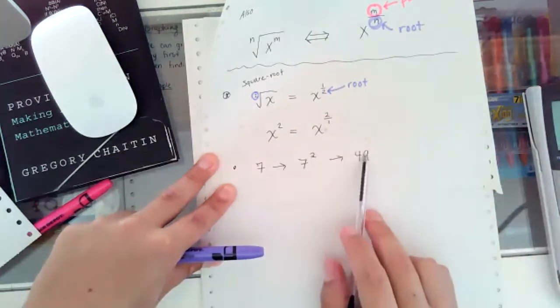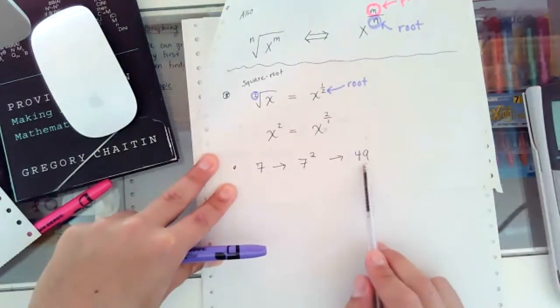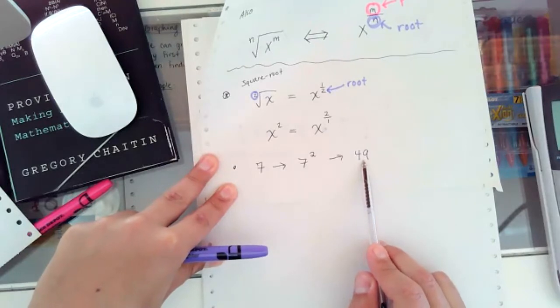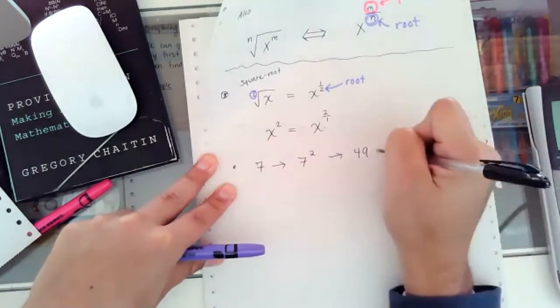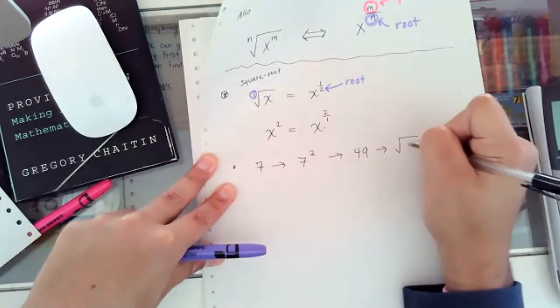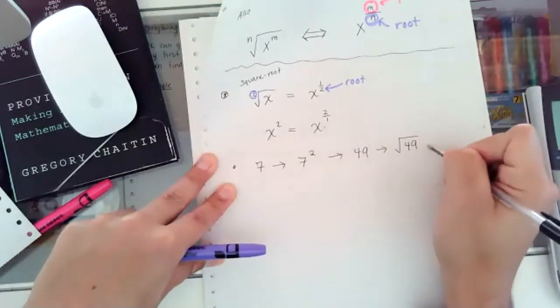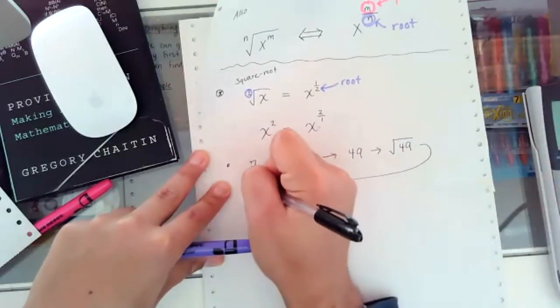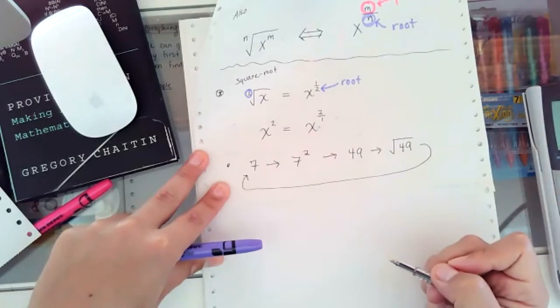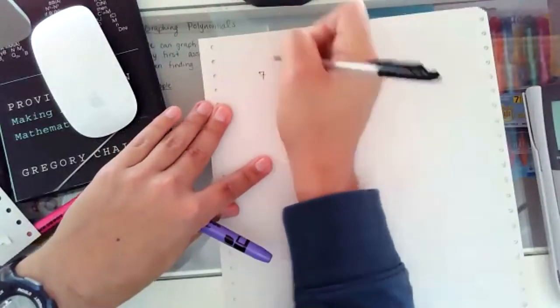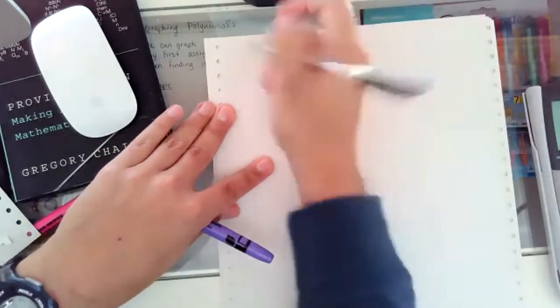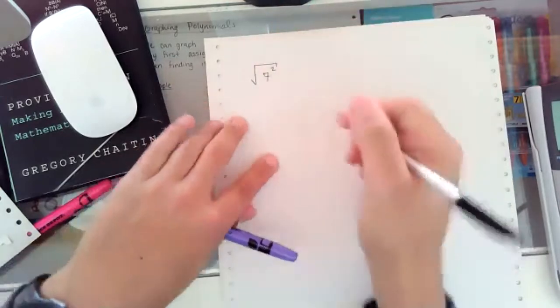Okay, and now I'm asking, once I have 49, what operation do I need to do to get me back to 7? The square root. So the square root of 49 takes you back to 7. So if you were to see that played out all at once, that would be 7 squared, and then you take the square root of that.